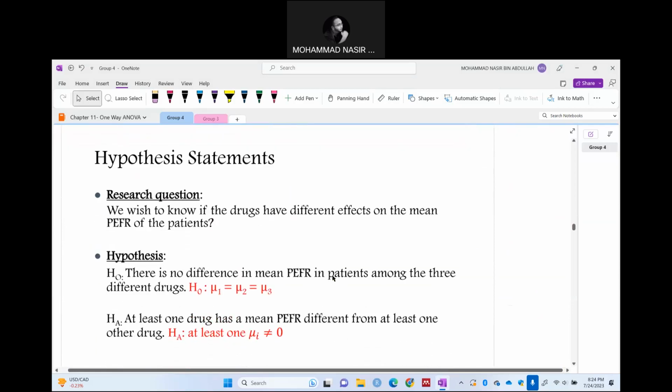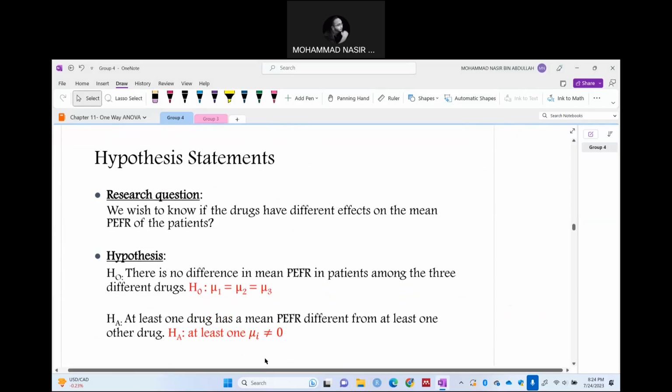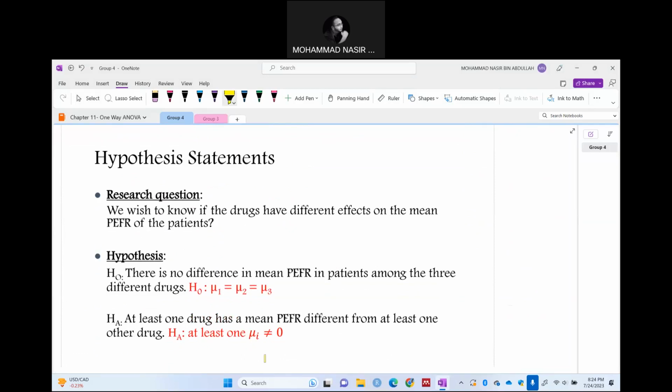Okay. So this is the hypothesis statement for one-way ANOVA, right? For the null hypothesis, the research question is: we wish to know if drug has a significant effect on mean PEFR of the patient, right? So we have drug A, drug B, and placebo, right? So the null hypothesis will be there is no significant difference in mean PEFR in patients among the 3 different drugs, which is H0: mu1 = mu2 = mu3.